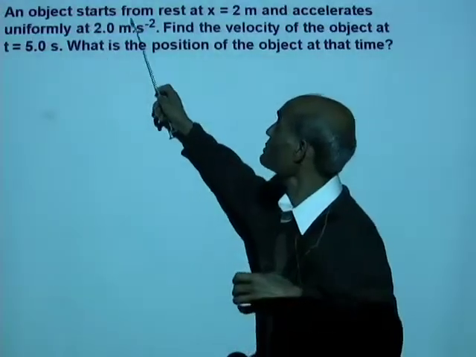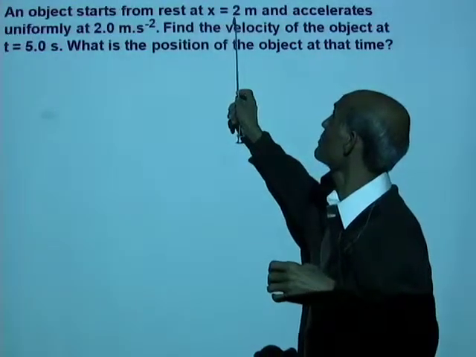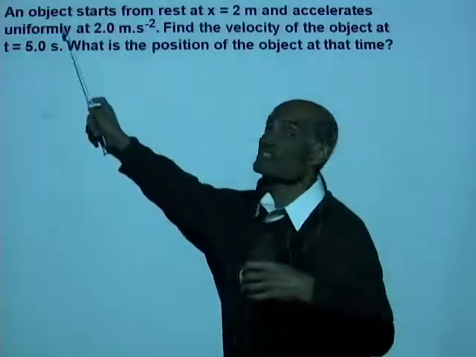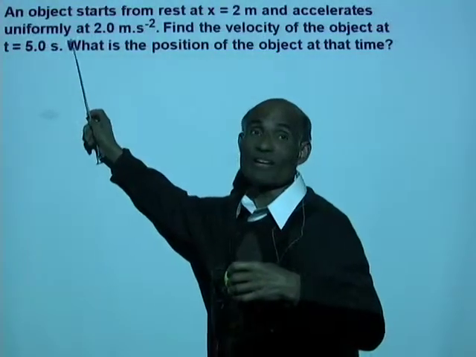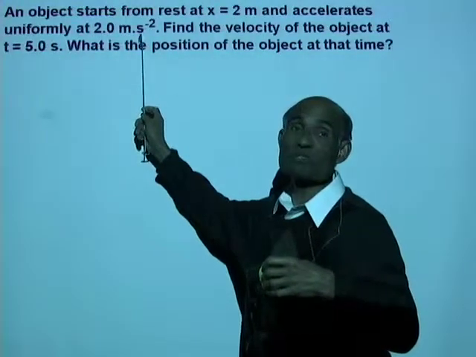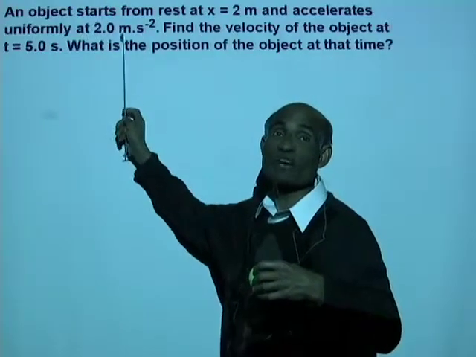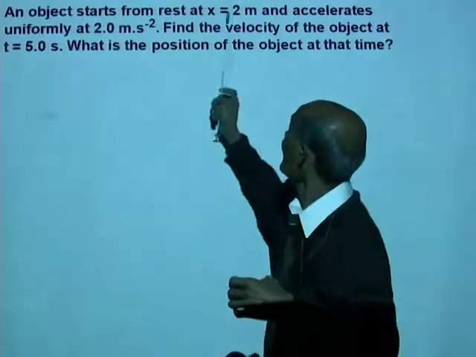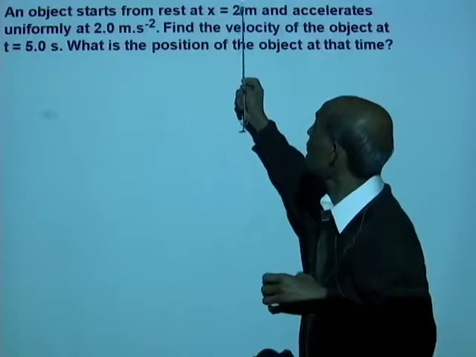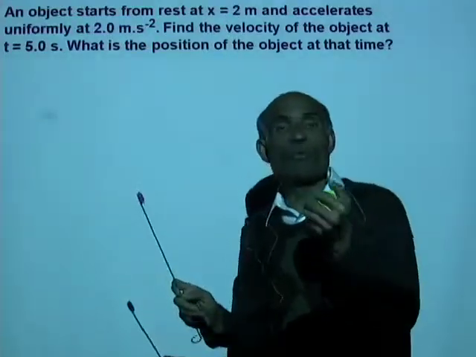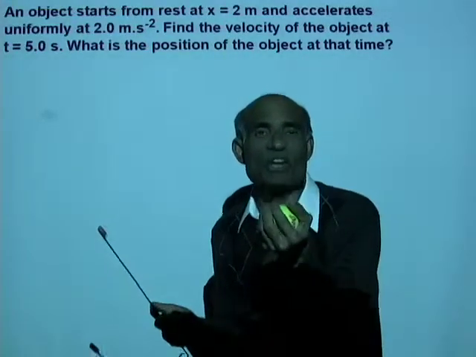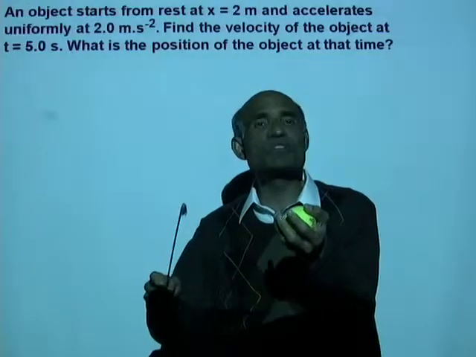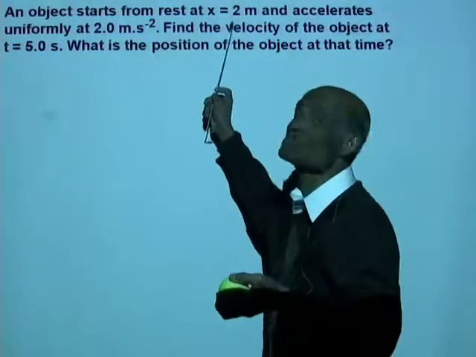So an object starts from rest at x equal to 2 meters and accelerates uniformly at 2 meters per second squared. This is the acceleration. Now, it is at x equal to 2, which means initially, when t equals 0, its position is 2 meters.